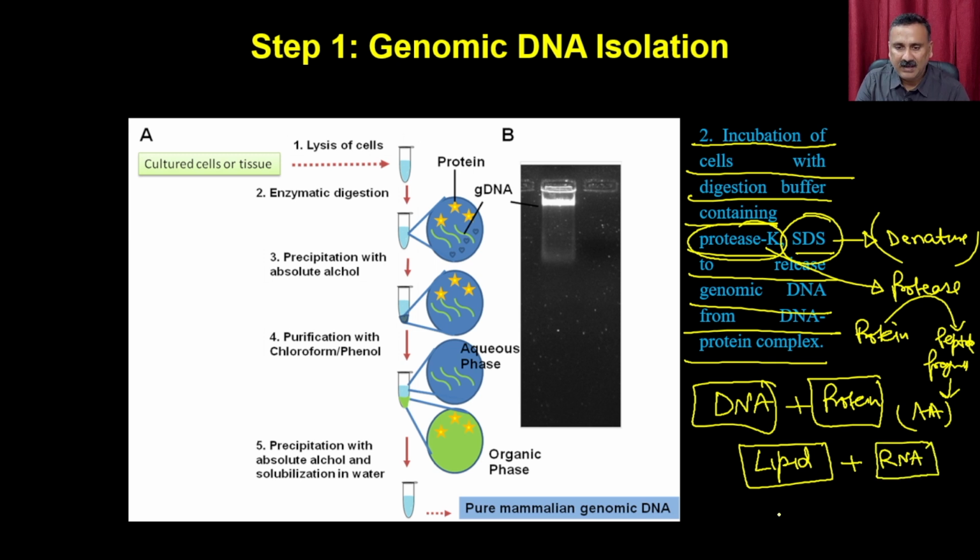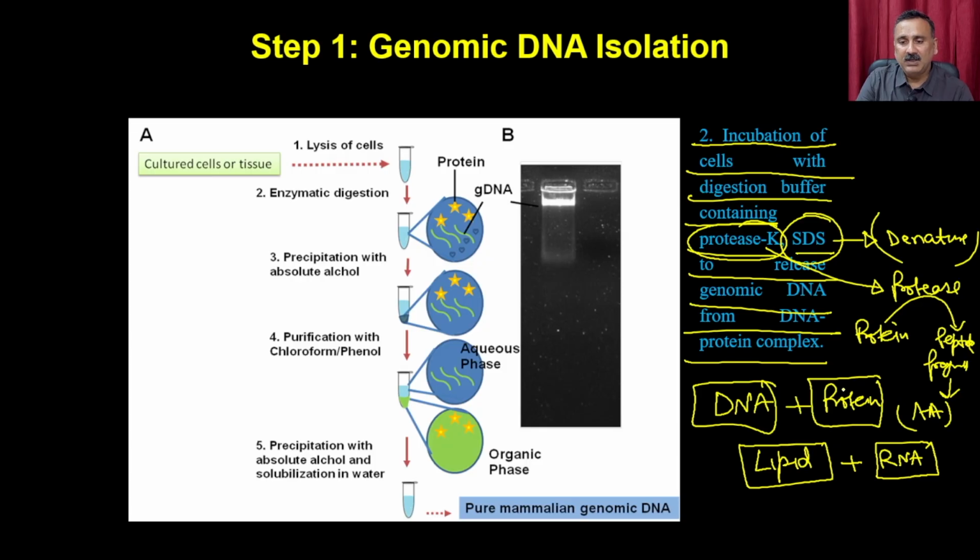So, now you have a mixture of DNA, protein, lipid and RNA, and your target molecule is the DNA. You can devise a strategy to purify the DNA but get rid of the protein, lipid and RNA species. You can do that sequentially by removing the protein, lipid and RNA, and at the end you are going to get the purified DNA.